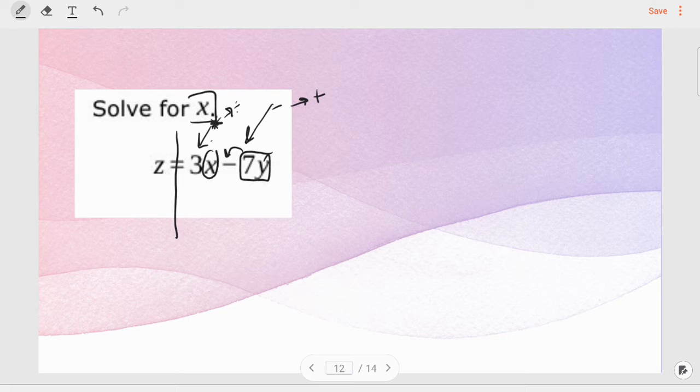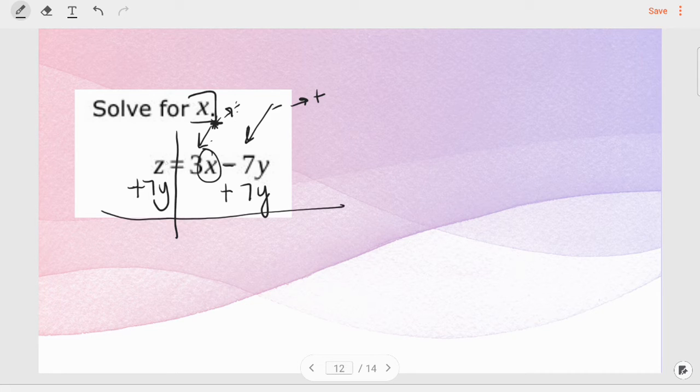The last thing I need to consider is what to do first. Do I get rid of addition first, or do I get rid of multiplication first? Remember, in all equations, unless there's parentheses, get rid of addition or subtraction first. So here we go. Here's my variable. To get rid of minus 7y, I'm going to add 7y to both sides.